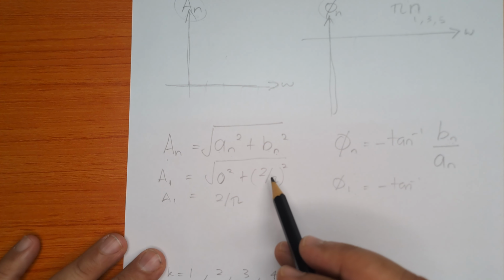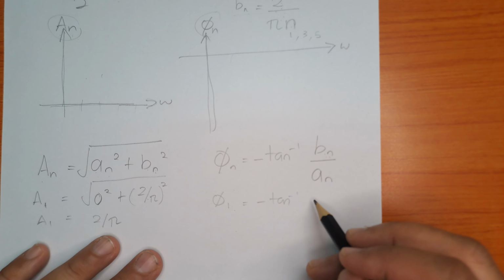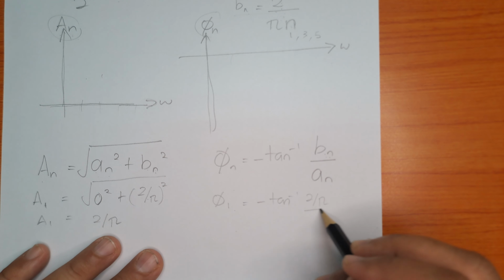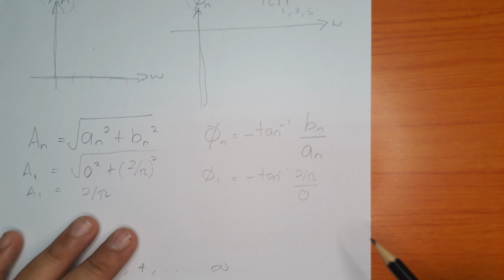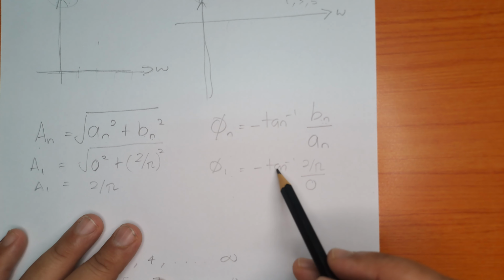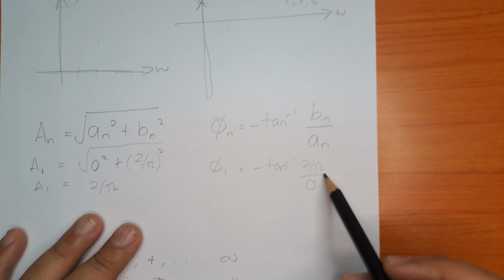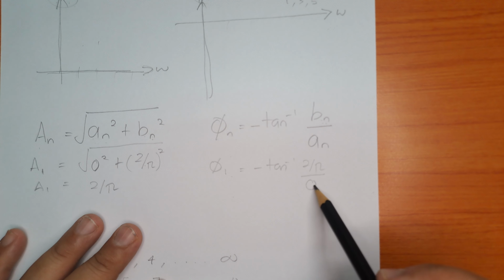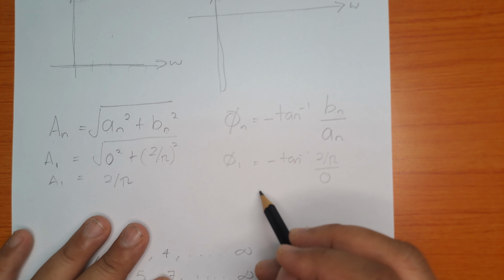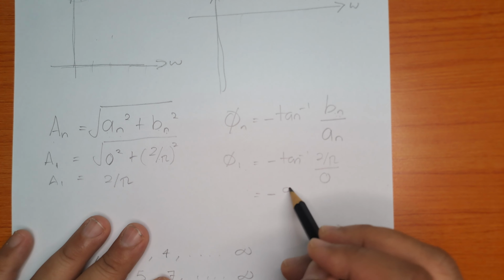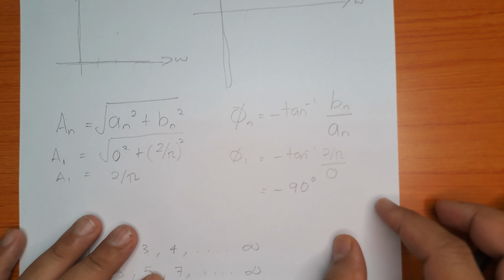Bn we have calculated here is 2 over pi, an is 0. So when you have inverse tangent of infinity, a very large value because you divide by 0, you get 90 degrees, so negative 90 degrees.